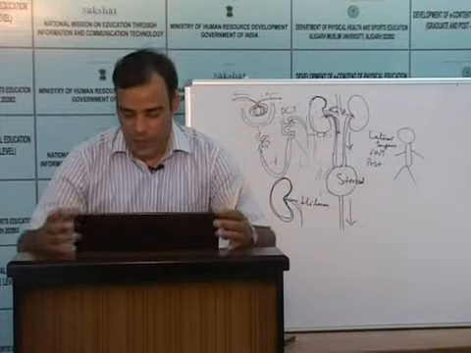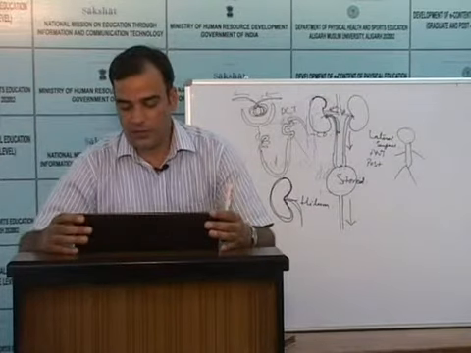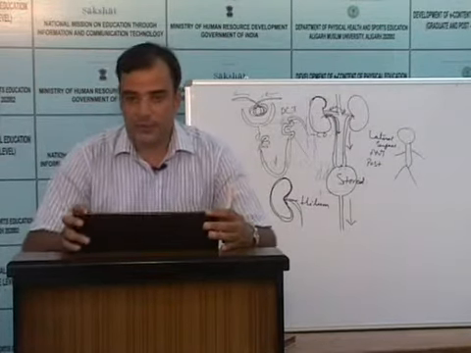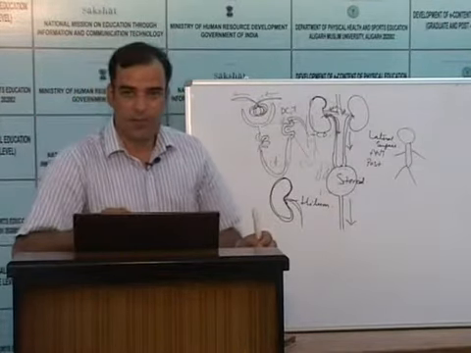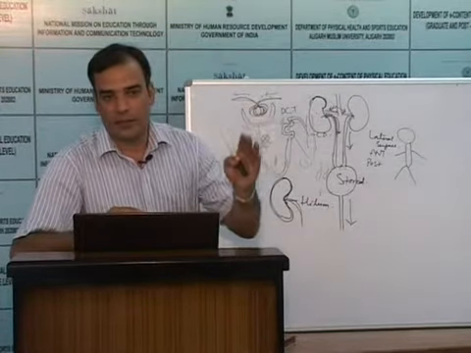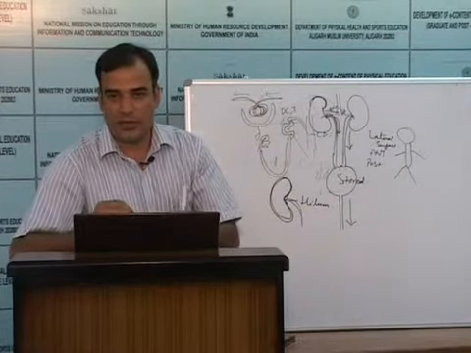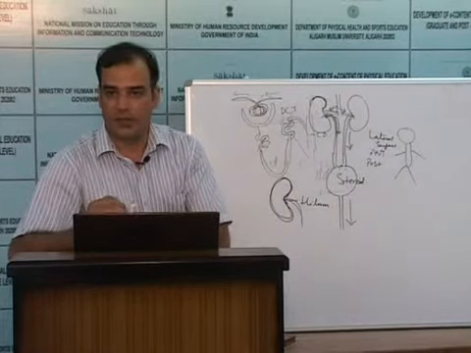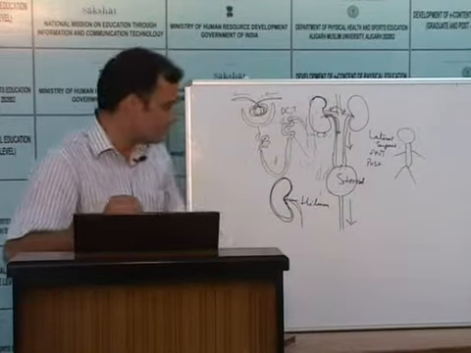But if we try to understand in a very simple fashion how the urine is formed, what actually happens is that the blood enters the kidneys where it is filtered, and the waste products are excreted in the urine, and what is useful is retained in the body.